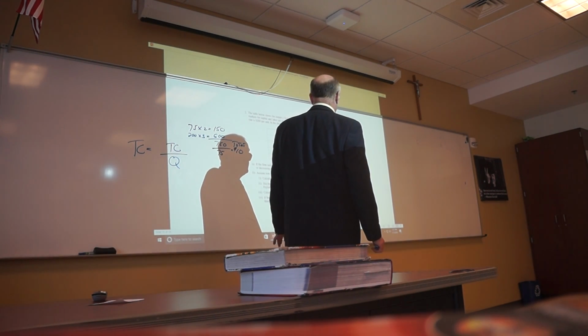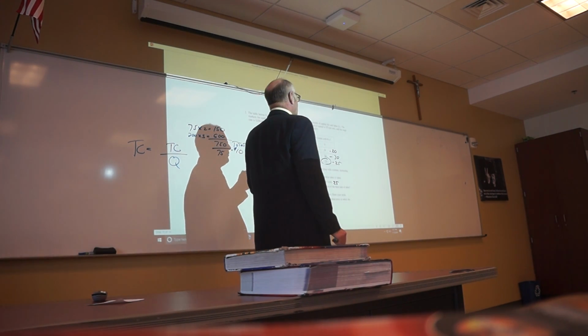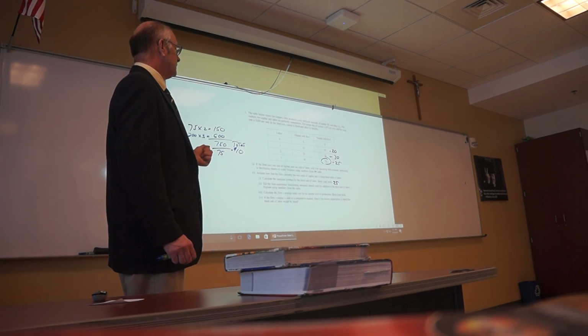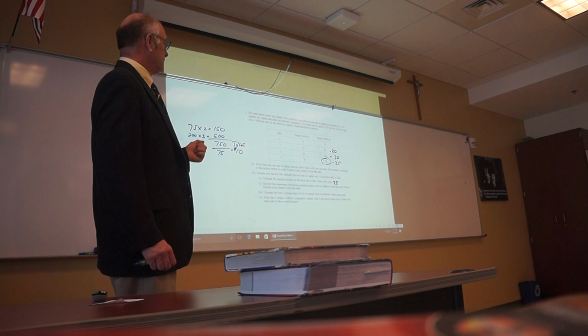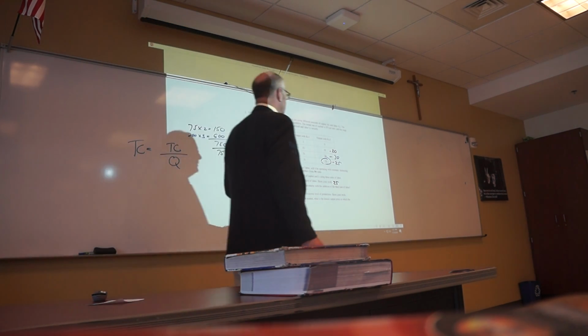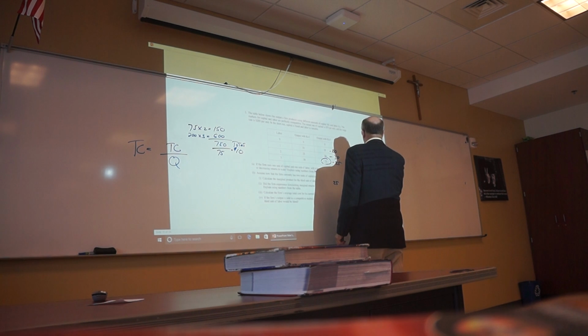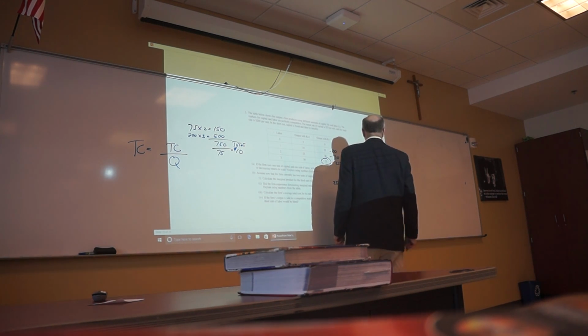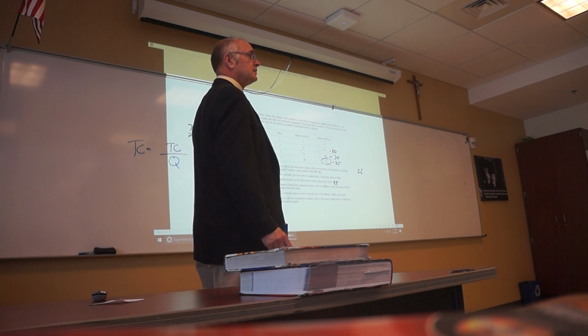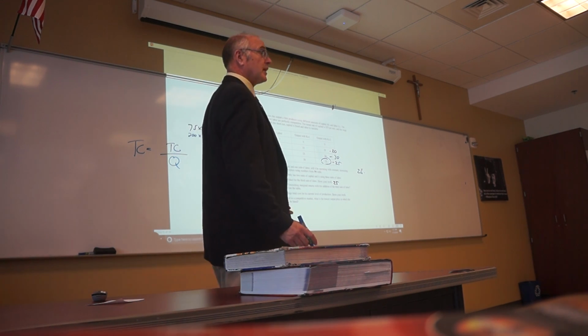All right, now, what's the MP of the last worker? What was the marginal product of the last worker? 25. How much does it cost to hire that worker? What does it say? 200, right?